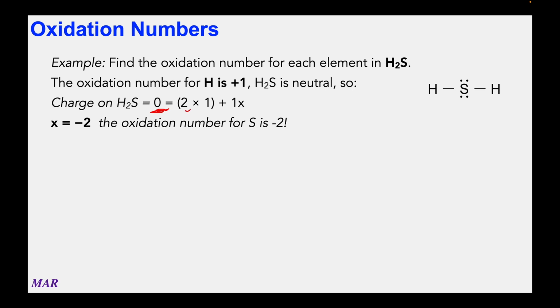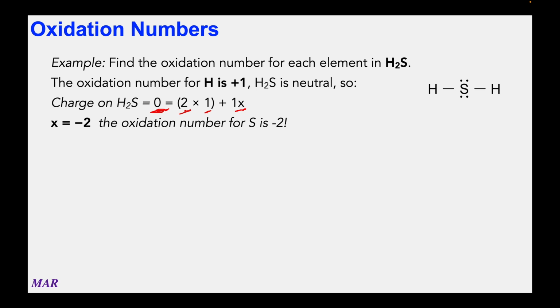And you know that there are 2 hydrogens, each at +1, and we just don't know what the one sulfur is. Let's call that x. So when you solve for this, 2 times 1 is 2, 2 plus x equals 0. Put the 2 on the other side, x comes out to be -2. So the sulfur here has an oxidation number of -2.